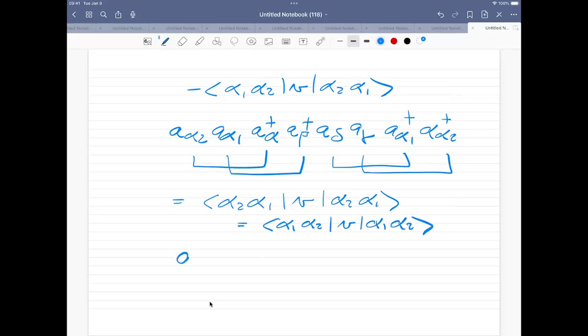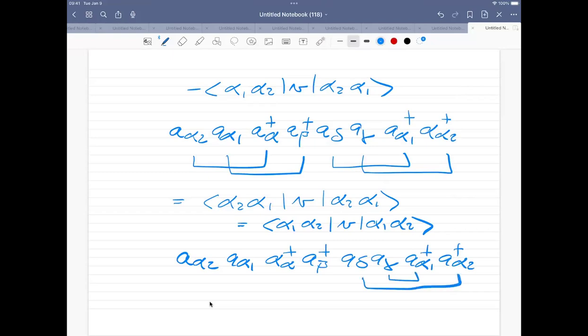The final term which we need to include then, which is the contraction which is also giving a non-zero result, the final one. So the only one which we didn't take into account is this one. So we keep these two guys like that, but then we have this one here.